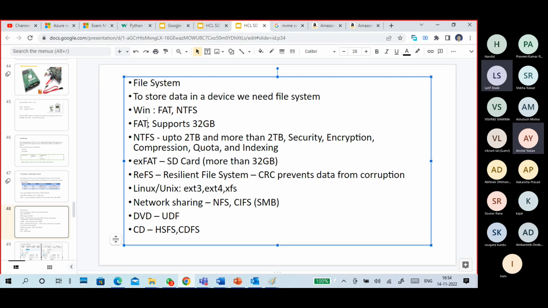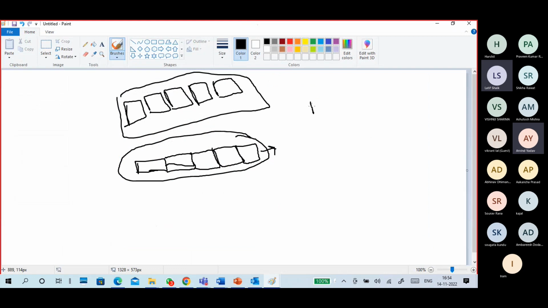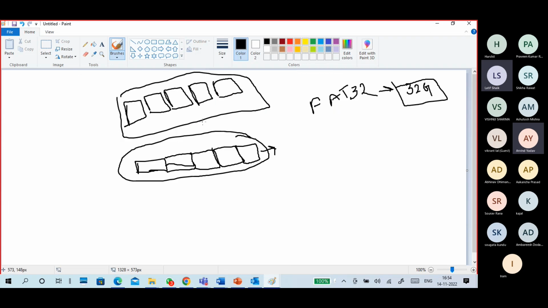In FAT, variations are there. The highest one is FAT32. FAT32 partition supports a single partition size of 32 GB only. Take a partition, see like this, this is 132 GB here, okay, not more than 32 GB.